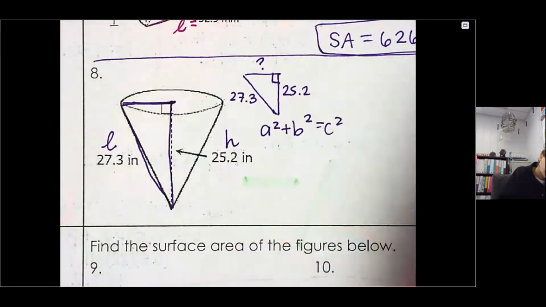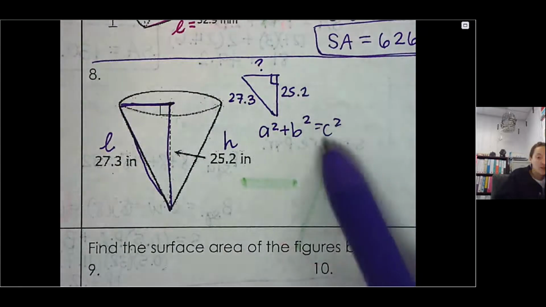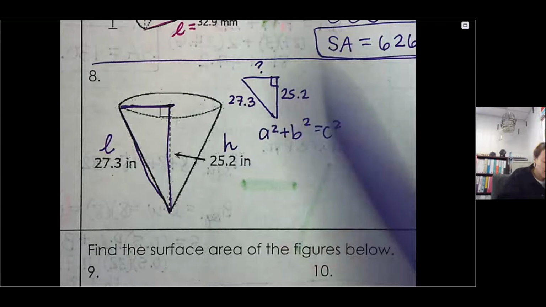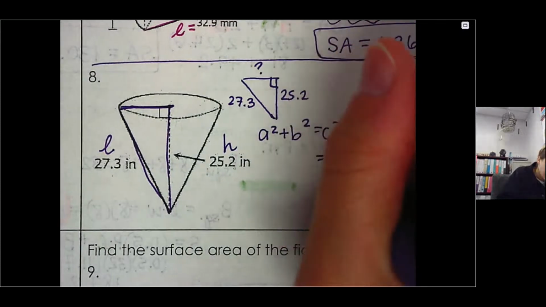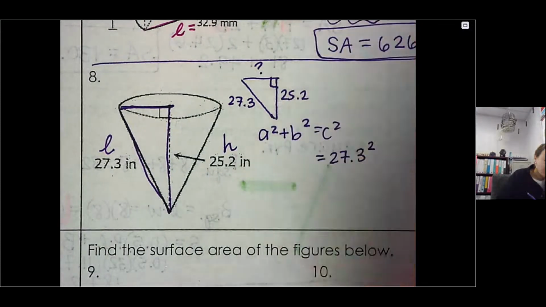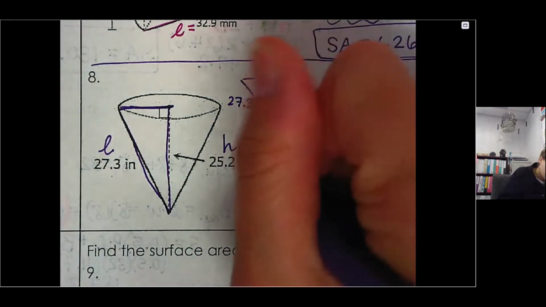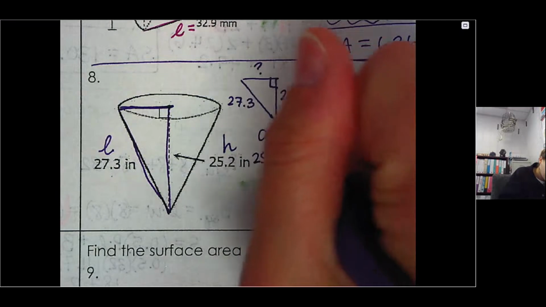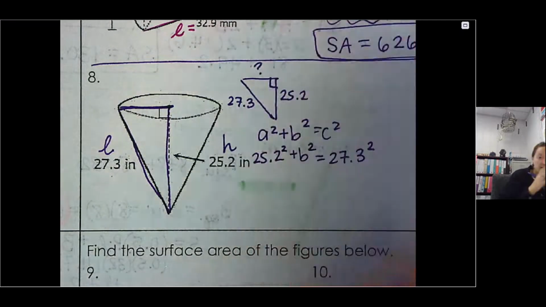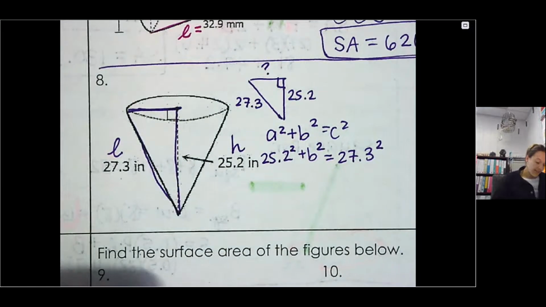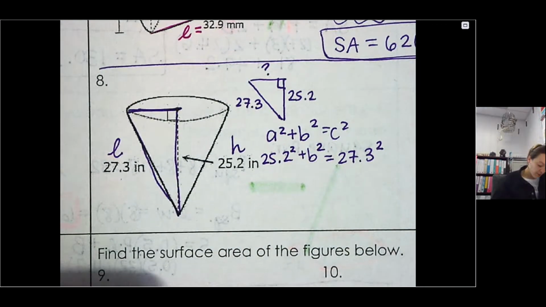A squared plus B squared equals C squared. Remember, the C value is always your slanted one. It's always the one across from 90. And so that would be the 27.3. The other two don't matter what order you put them in. So I'm going to put 25.2 plus B squared because I don't know what it is. Order of operations says I need to do the exponents first.